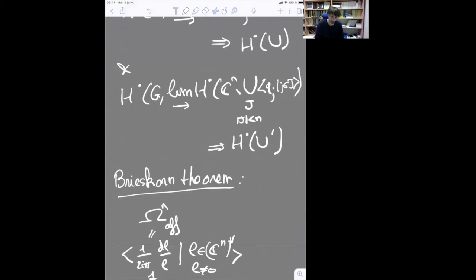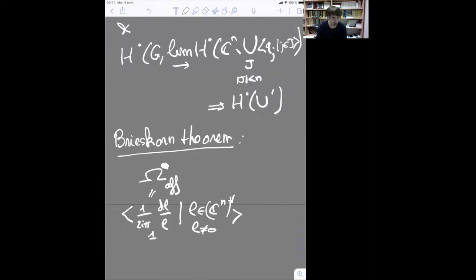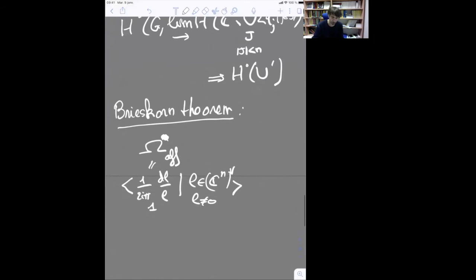The affine, sorry, I should put a dot here. The algebra here, and Brieskorn's theorem tells you that now if you project onto, so I will take the limit over all the hyperplanes of the cohomology of Cn minus these hyperplanes, then in fact it's an isomorphism.